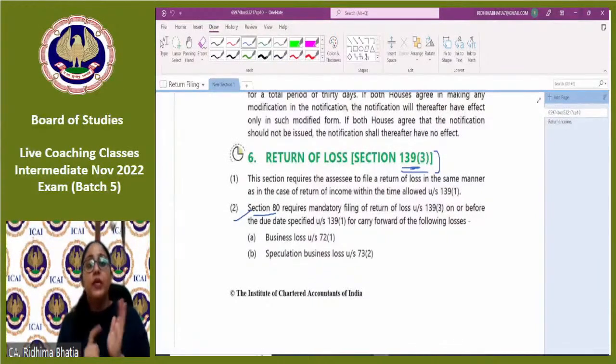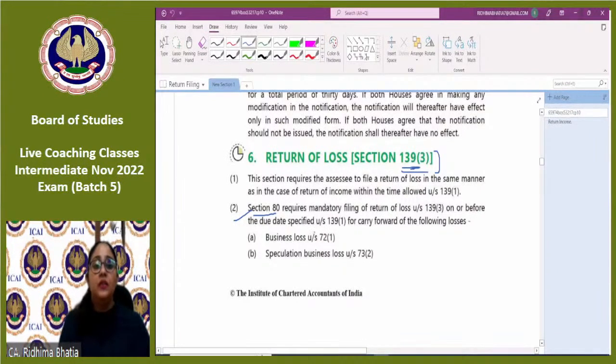Remember this? So to carry forward, you have to file the return within the due date. That means a timely return has to be filed.